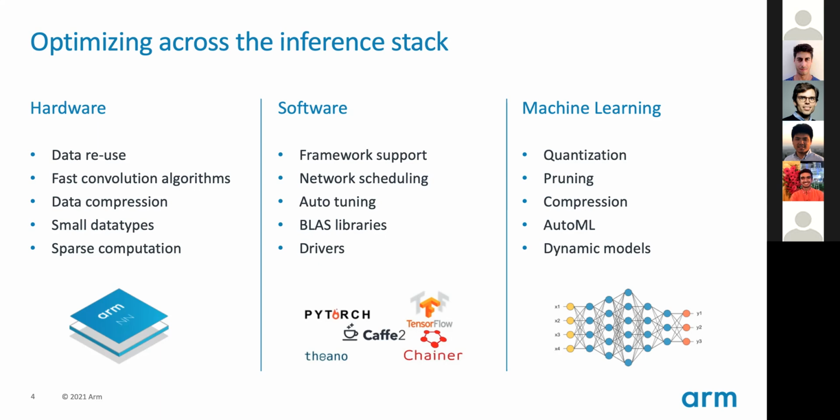There's also a lot that can be done in terms of optimizing models without affecting their functionality or their accuracy. And then finally, on the machine learning side, there's a lot we can do in terms of quantization, pruning, compression, and even much more researchy topics as well.